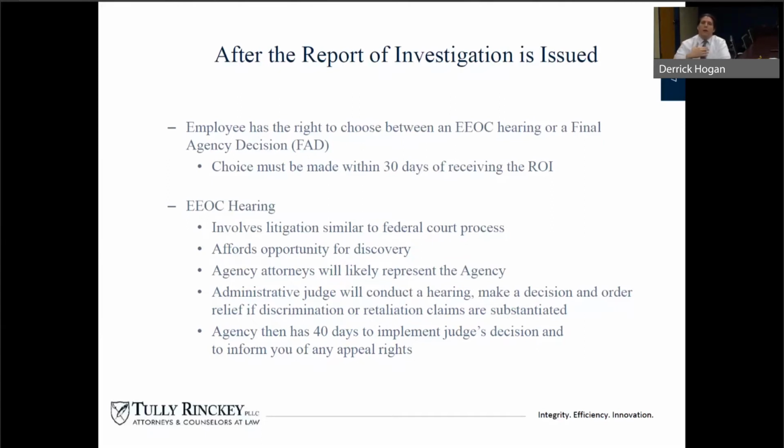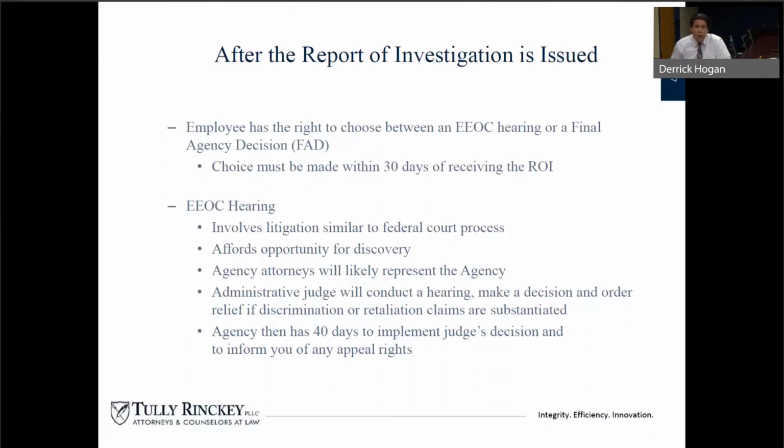And not that agency officials are doing anything improper or that they would not follow what they're supposed to follow, but I just don't feel that is the best course of action, for an agency employee to determine if the agency discriminated against you as the complainant. But that is one avenue you can take.